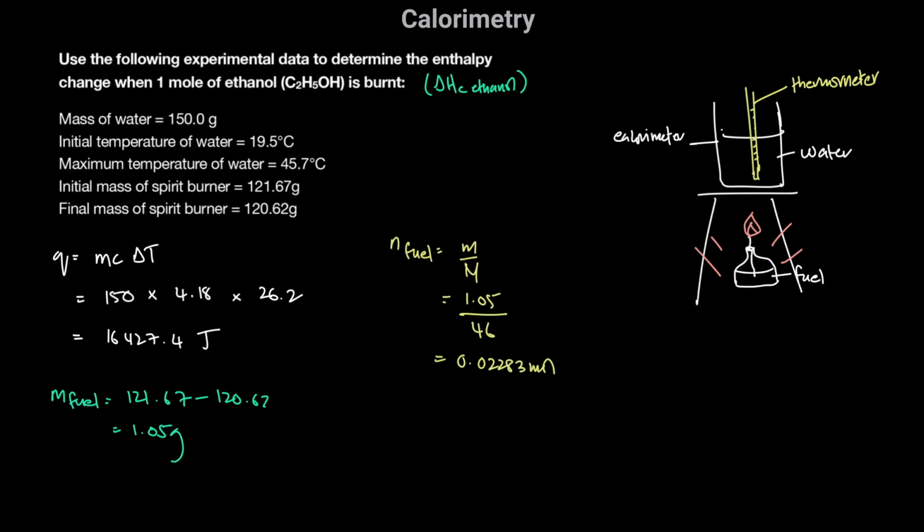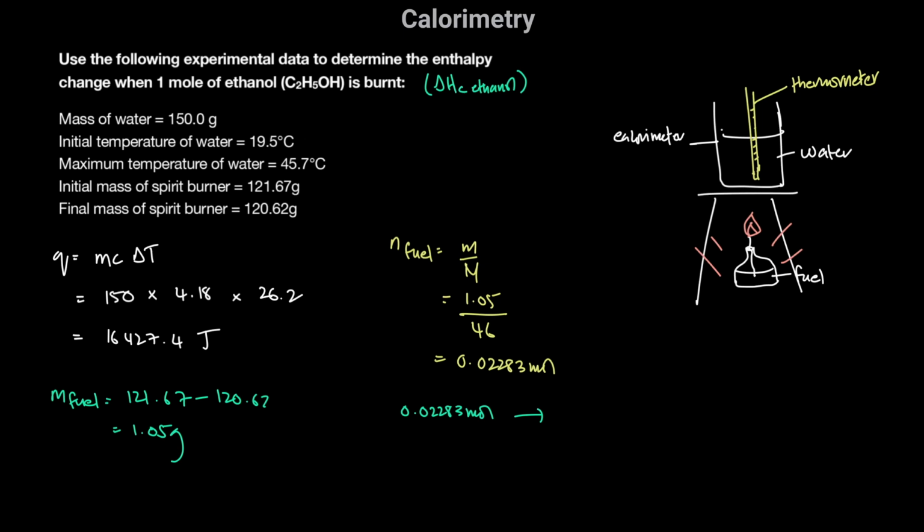Now the enthalpy change of combustion is the enthalpy change when 1 mole of ethanol is combusted. So over here we can say that 0.02283 moles being combusted releases 16,427.4 joules, or in kilojoules, 16.427 kilojoules.